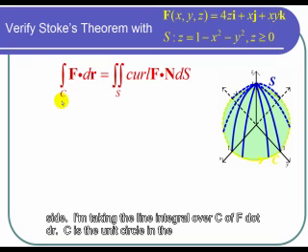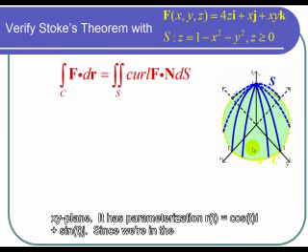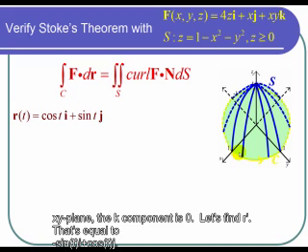I'm taking the line integral over C of F dot dr. Our C is the unit circle in the xy plane. So it has parameterization r of t is cosine t i plus sine t j. And since we're in the xy plane, the k component is 0.